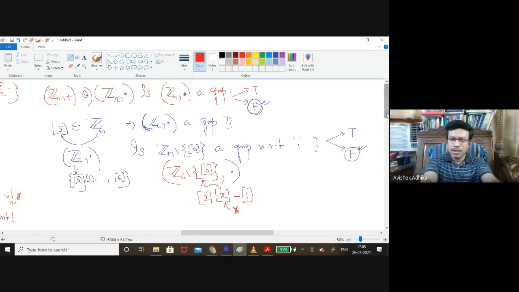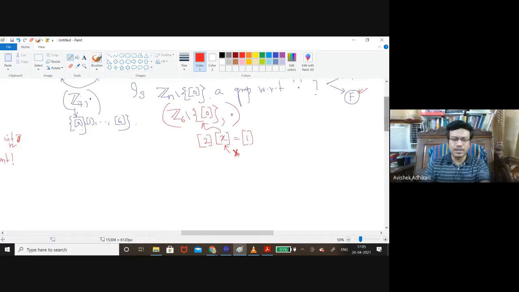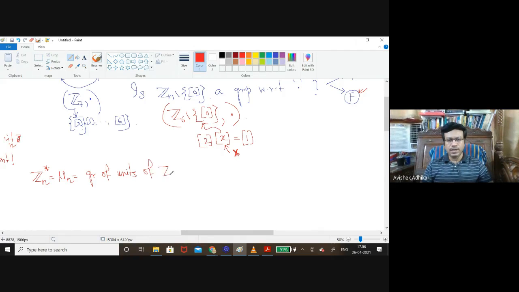Now, in my last class, I already mentioned those elements which are relatively prime to n. If you just consider them, sometimes we write it as Zn star, or some authors write it as Un. That is known as the group of units of Zn.